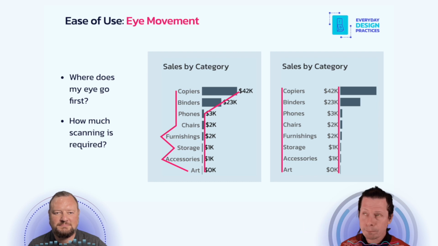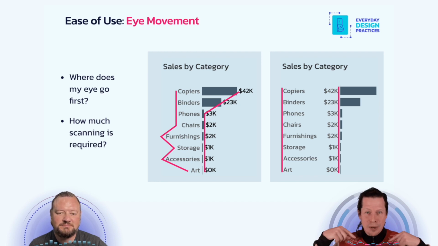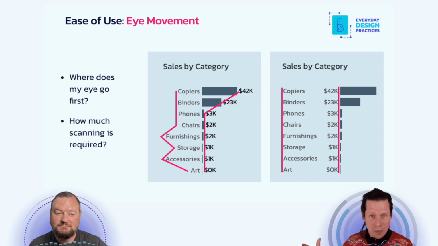Because what if I arrived at this dashboard in a hurry, and I've got, count them, 90 seconds before I go into the meeting with my boss, and I'm in kind of an anxious state? All of that flittering around of my eyes through chaos is just compounding the sense of anxiety. Whereas this right side arrangement actually helps put me at ease, and I have the thing that I'm looking for.